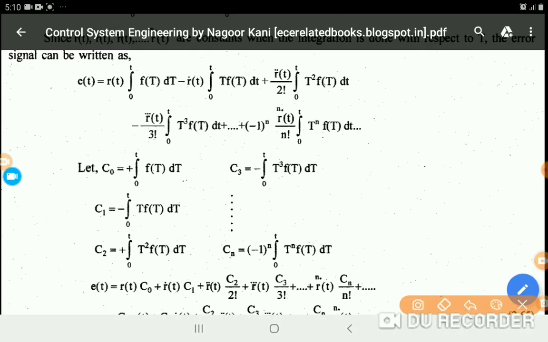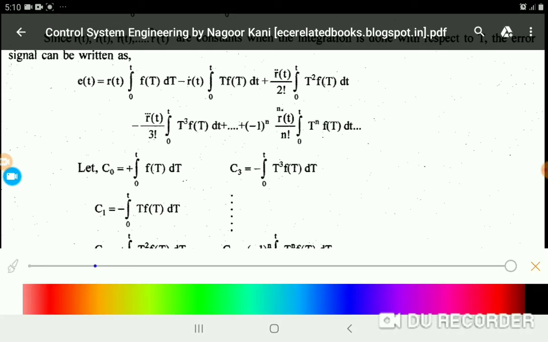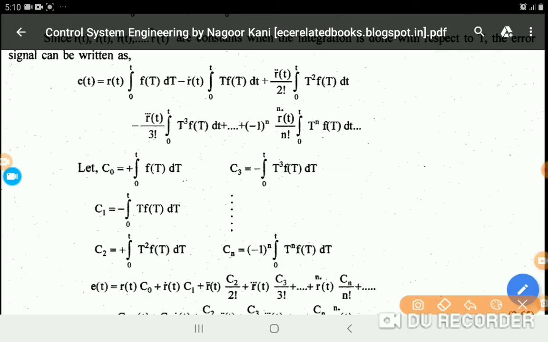For our convenience, now we are going to introduce coefficients. See here, the first term, the integral of f of T dT, is considered as some coefficient c0.